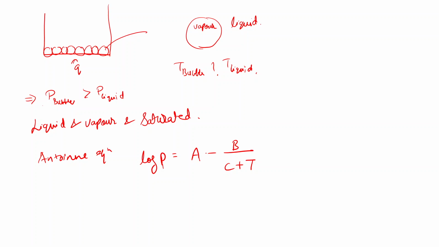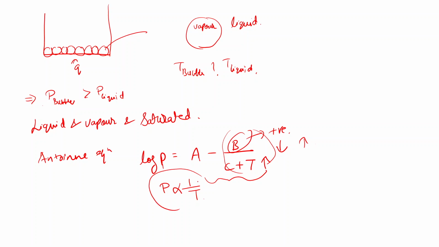Now, this B term will always be positive, so if temperature rises, this entire term will decrease and this entire term will again increase. So basically pressure is inversely proportional to the temperature. From this Antoine equation we can find that the pressure of the vapor is inversely proportional to the temperature.